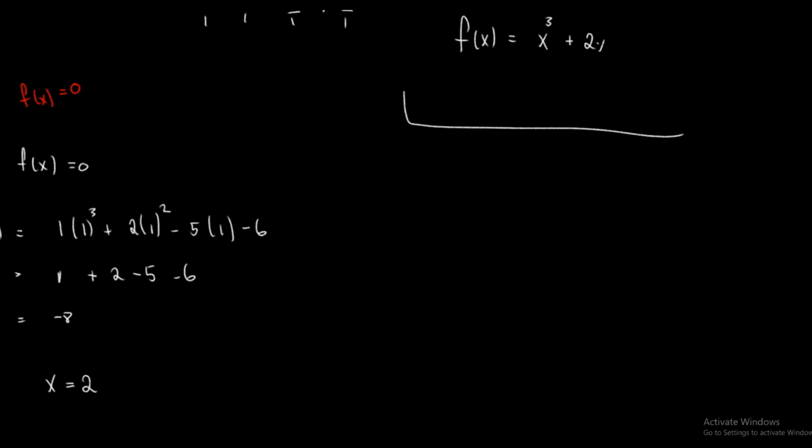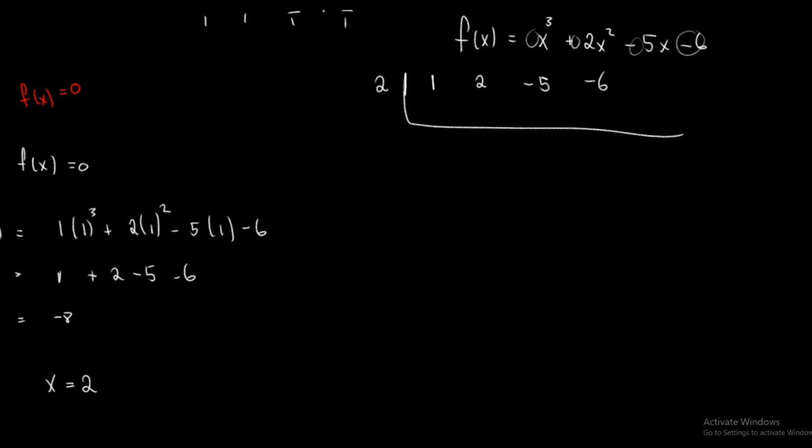plus 2x squared minus 5x minus 6. Now the idea is that I'm going to place my 2 over here, and then my coefficients I'm going to input into this box in the correct order from highest degree to the lowest degree.